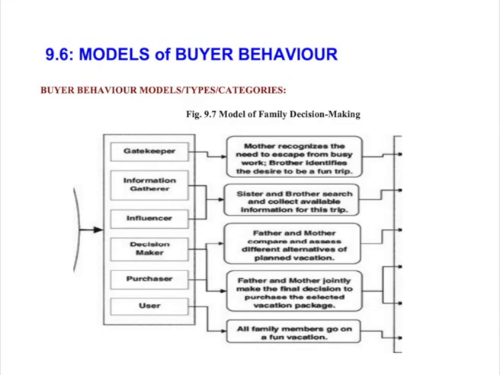These are people who are actually either going to consume the product, like a mother prepares food for their family, or user who is going to actually use the product. For example, in terms of say a television, the entire family views it.